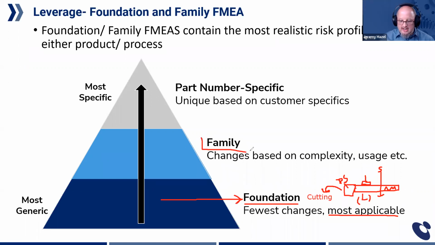Now, I want you to think of family as the higher level, not the highest level. Let's say that we cut here, and I'm going to cut metal, and I'm going to cut plastic.